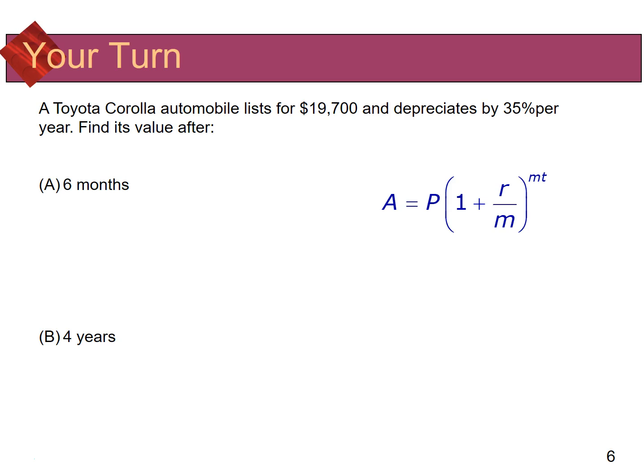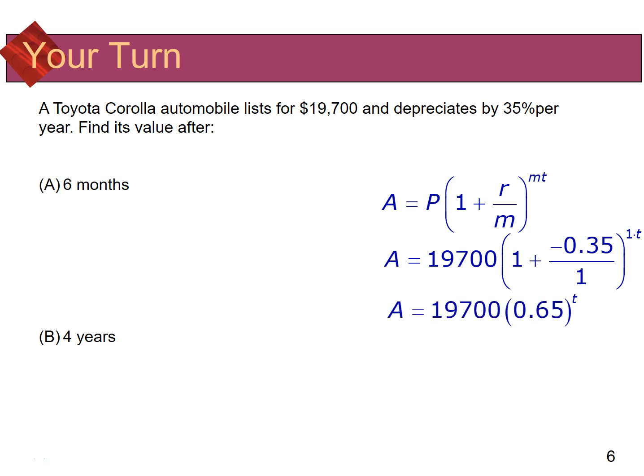The final amount is going to be $19,700 times 1 plus a negative 0.35 over 1 to the 1 times t power. So essentially, since I'm losing 35%, I am keeping 65%. So this is the formula I'm going to be using for the rest of this problem.